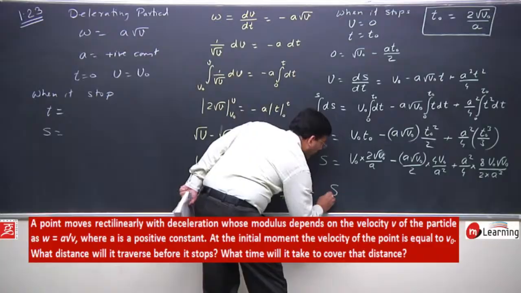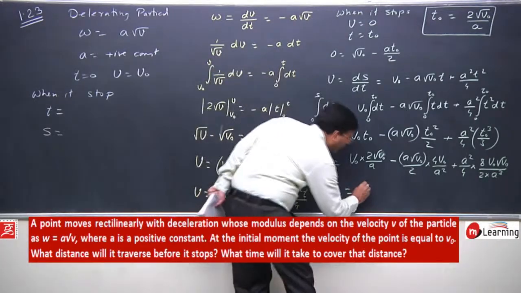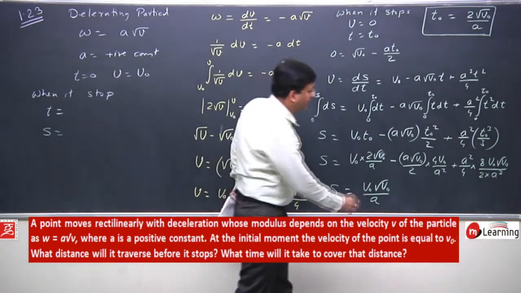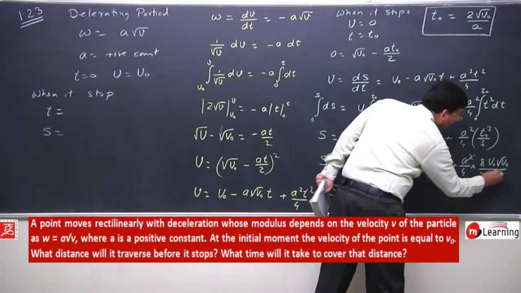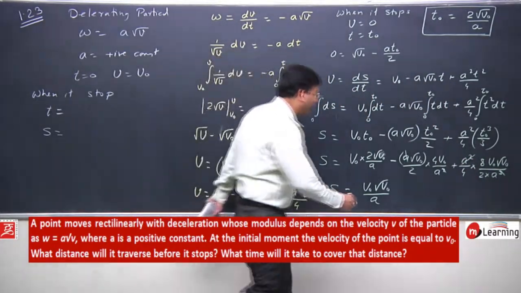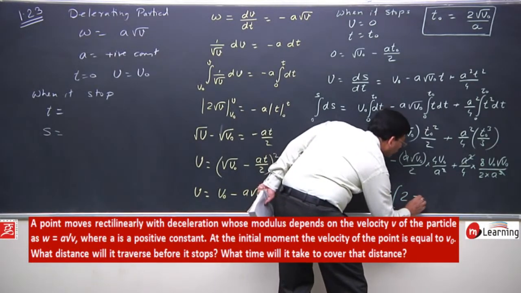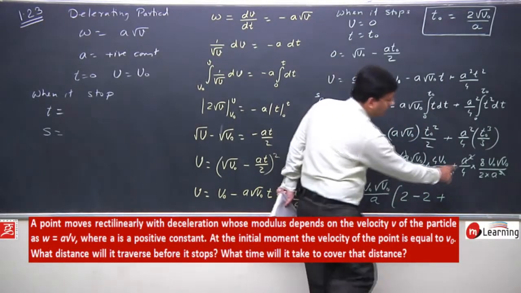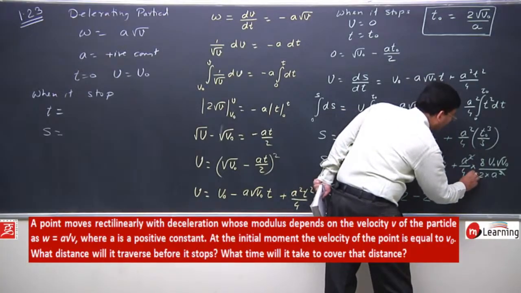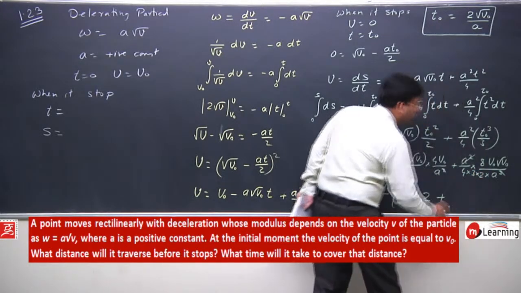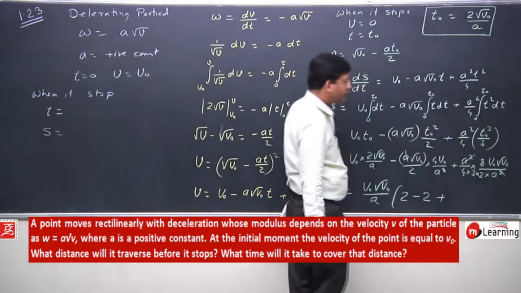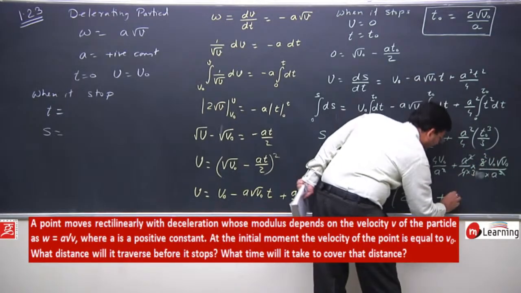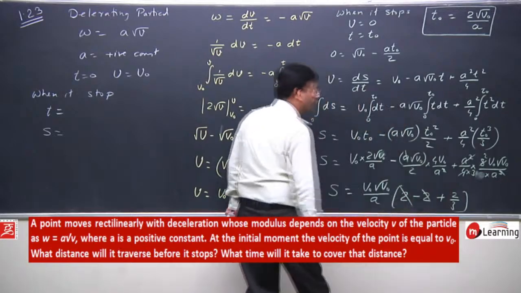Now, in order to calculate distance, v root of v naught मुझे हर जगह पर दिख रहा है, और a भी मुझे हर जगह पर दिख रहा है. इस तरह से इधर एक a बचेगा, इस तरह से इधर भी एक a बचेगा. v naught by v naught डायमेंशनली उसको सही होना ही चाहिए. और ब्रैकेट के अंदर देखिएगा 2 minus 2, plus 8 by, here I think एक 3 का फैक्टर और है, into 3, just check it, sorry, into 3, this is 2 by 3, this 2 gets cancelled.